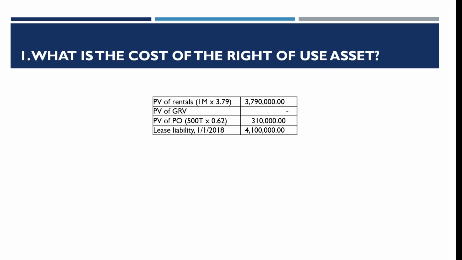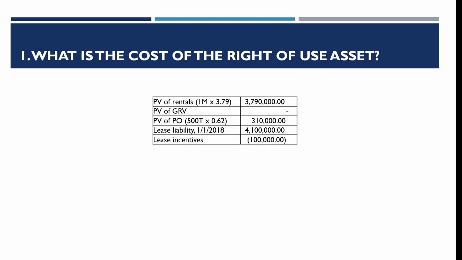Tuloy na natin. After the initial measurement of lease liability, ano ang kasunod na component ng right of use asset natin? That is, the payment to lessor at or on or before the commencement date, net of any lease incentives. Kaso wala namang binayaran yung lessee kay lessor for the commencement date. Kaso may incentives na binigay si lessor, kaya kailangan natin i-deduct yung lease incentives.